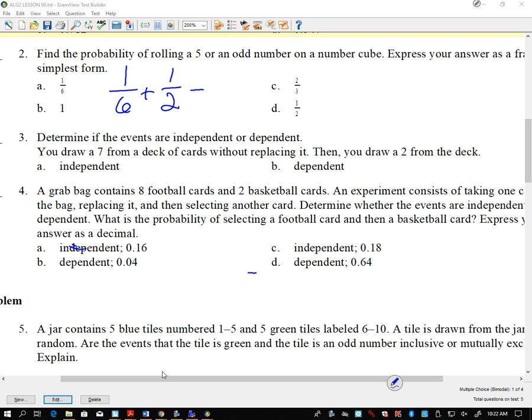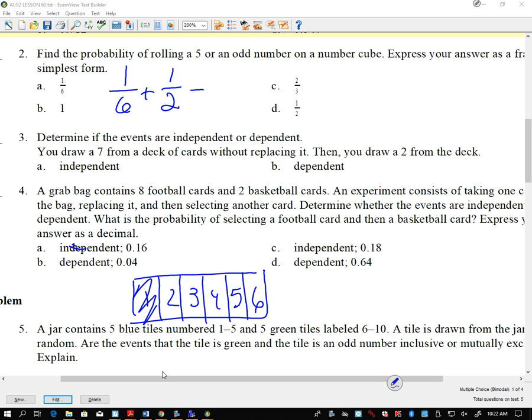Let's look at that cube. We had 1, 2, 3, 4, 5, 6, right? And we want odd and 5. So we're back at 1/2. We're adding those things together. We have 2/3 minus 1/2, which gets you back to 1/6.